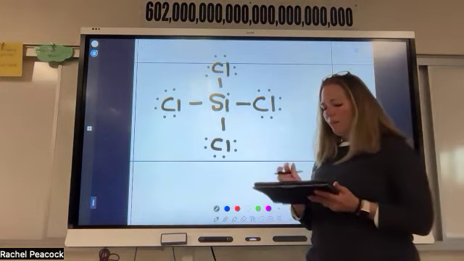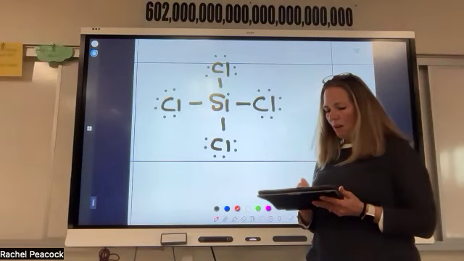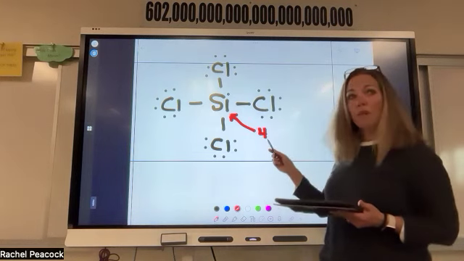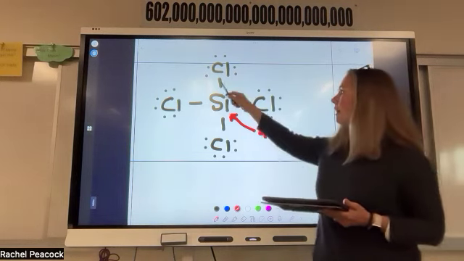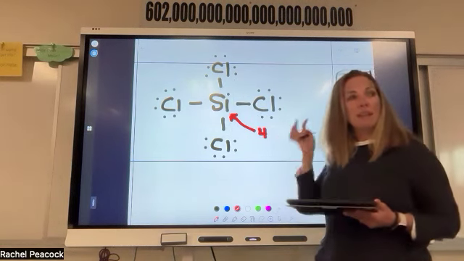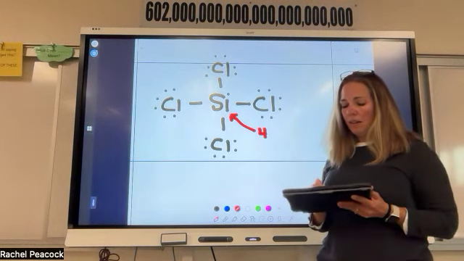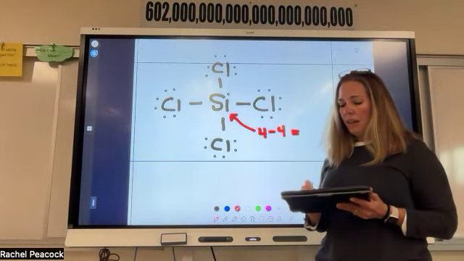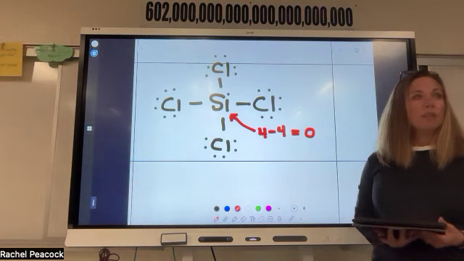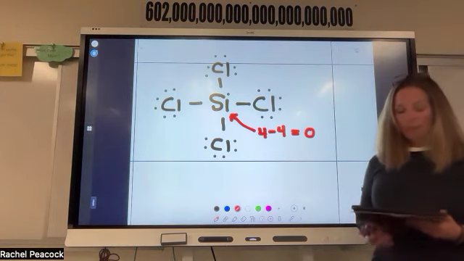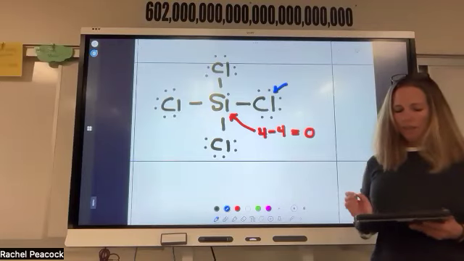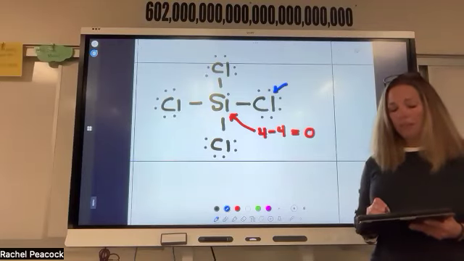So silicon contributes 4 valence electrons, right? And how many lines does it have on it? 4. So we're going to count that as how many? 4. So we're going to subtract, and that's going to be 0. So silicon's formal charge is 0. Okay. How many valence electrons does each chlorine offer? 7.